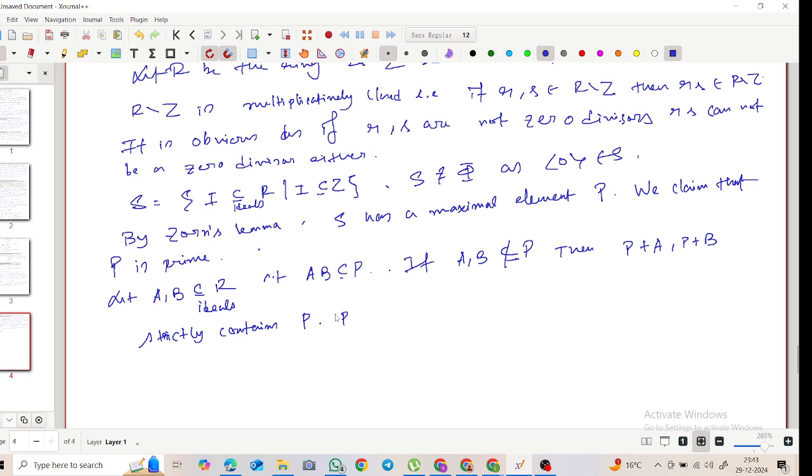And since P is the maximal element, neither P plus A nor P plus B is contained in Z, okay? Because P was a maximal element of S.